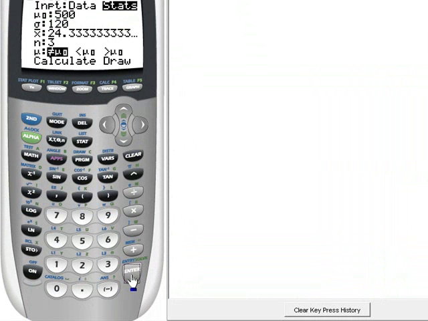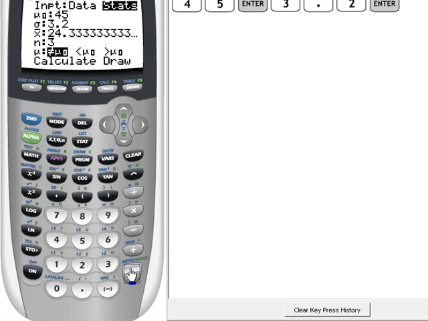And then we have statistics, we don't have data for this problem, so we're going to enter our mu naught, which will be 45. Sigma, as you recall, was 3.2. X bar is 44.1. And our sample size was 50.